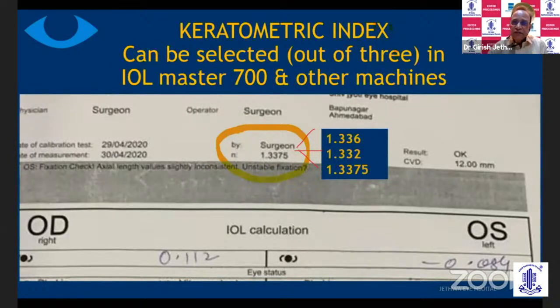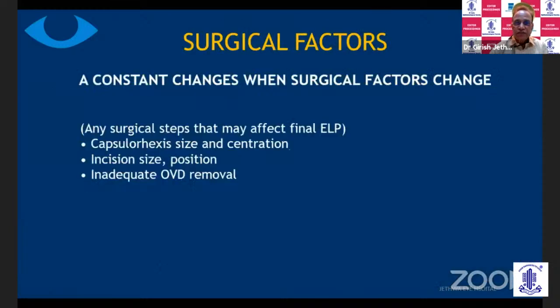There is a facility in the selection in IOLMaster 700 and other machines that the index is 1.337. It can be changed to 1.336 or 1.332 or 1.3375 as per your selection. So this facility is there when we optimize the A constant.